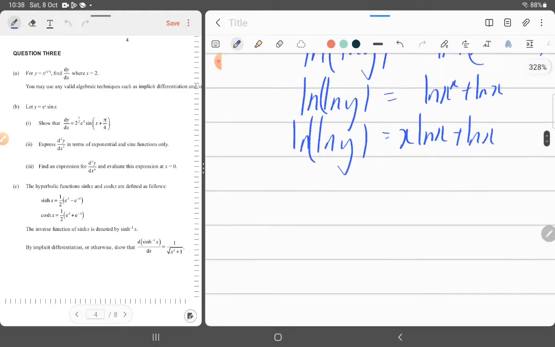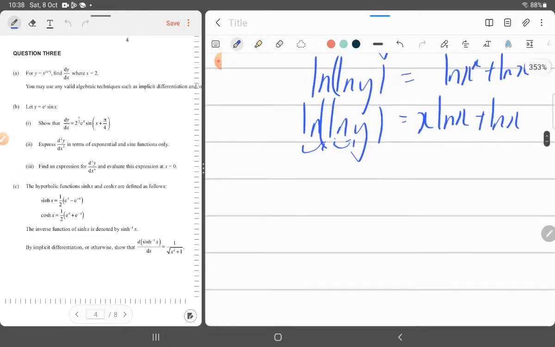I think we differentiate this. When we differentiate this, we have to differentiate the thing in the function, then we have to differentiate the thing in the function again. So 1 over y times 1 over natural log of y times y, I think.